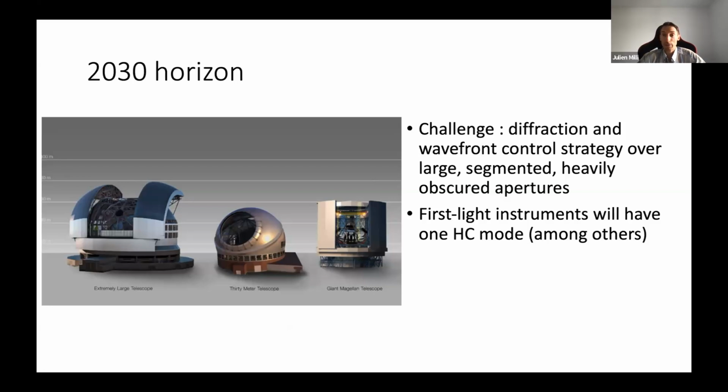There the challenge will be to manage wavefront control over large segmented or heavily obscured apertures. But keep in mind that the dedicated high contrast imagers will only come in the second wave of instruments, and the first wave of instruments on those large telescopes will just have one high contrast mode among others.